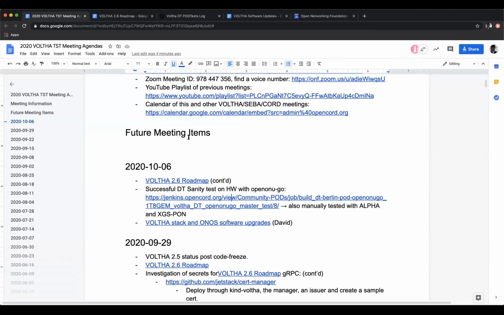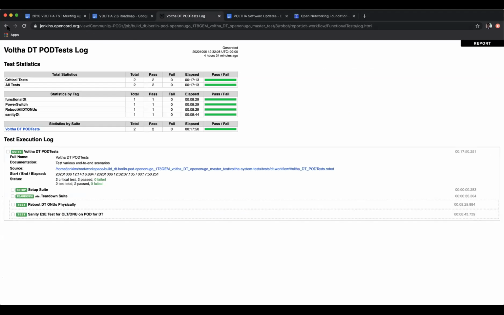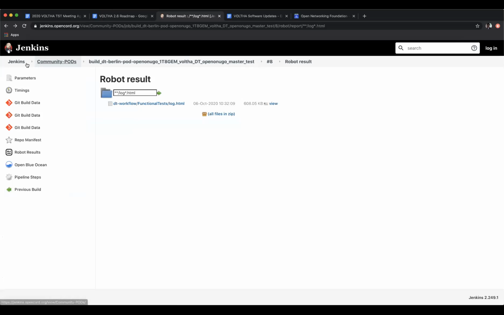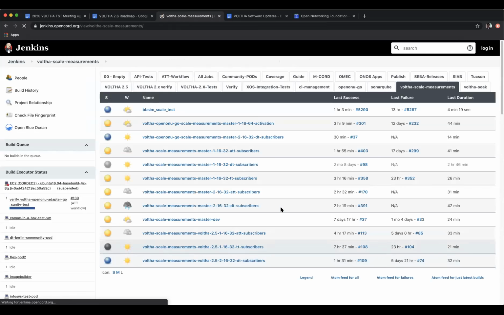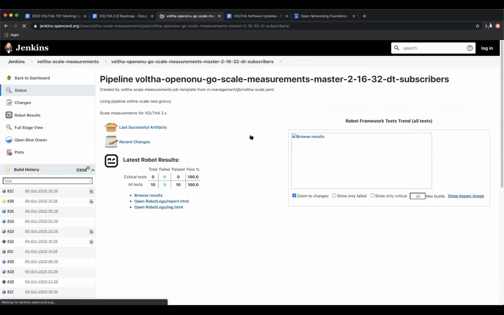That is great news, and it's an early day, so I'll ask the question, not expecting an answer yet. Any feel for the performance difference? Actually, yes. If we go to Jenkins, we do have a scale job that is running at the moment with the DT workflow.